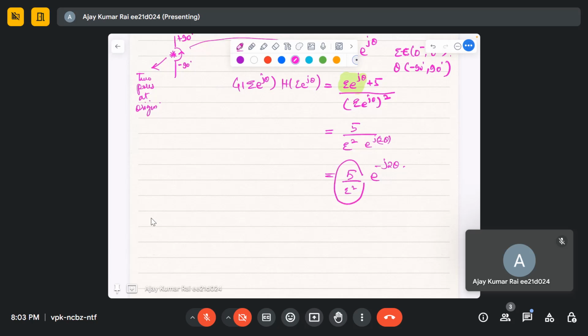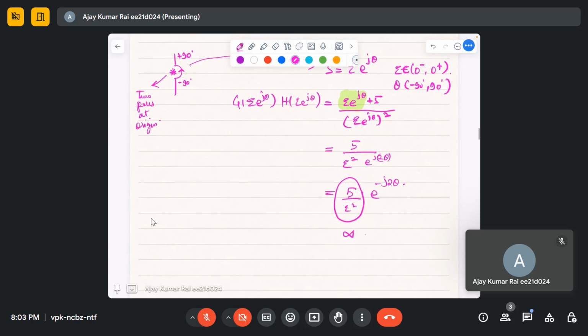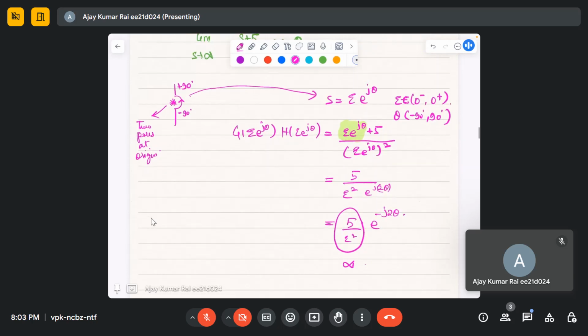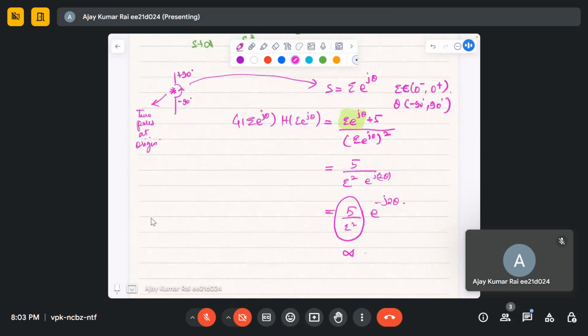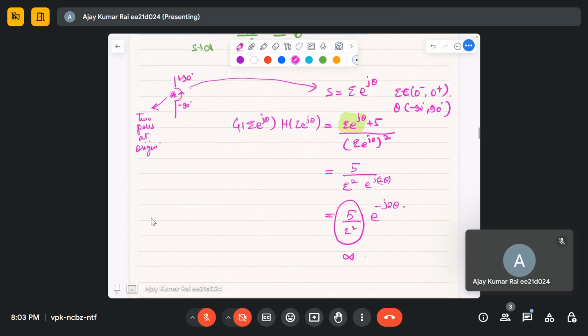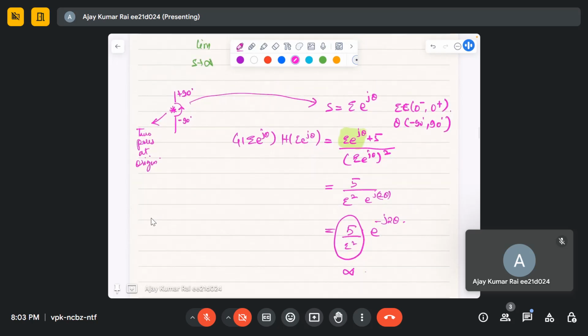So it will tend to infinity. And if you see how the contour is looking, going in the anti-clockwise direction from minus 90 to 90, what will be the angle in this case?